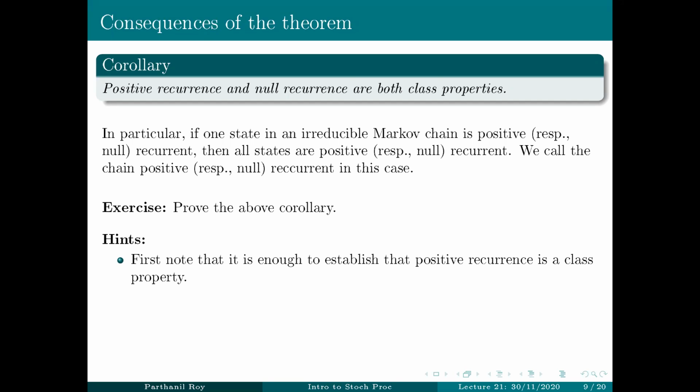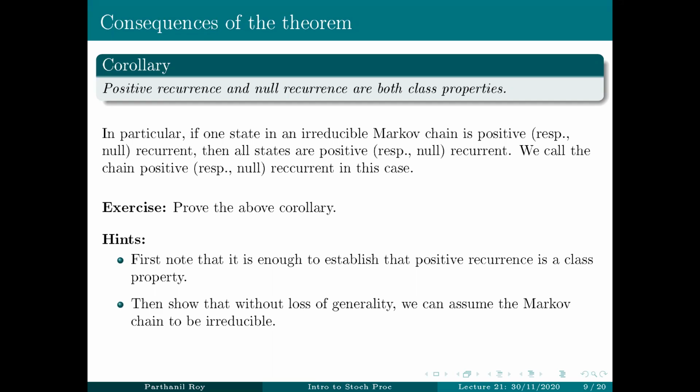So we only have to prove that positive recurrence is a class property because, as I said, recurrence is already taken care of. Then, without loss of generality, we can assume that the Markov chain is irreducible. Why? Because if not, you can restrict to each class and work with it. Why does it work?